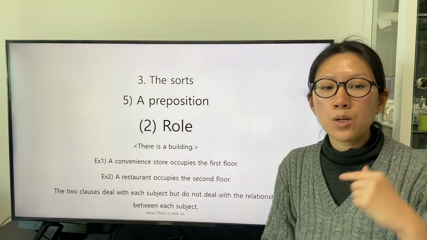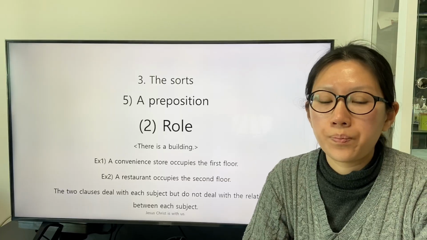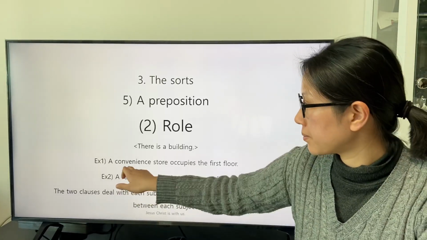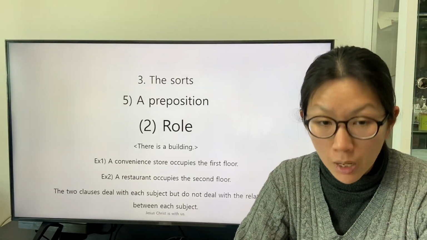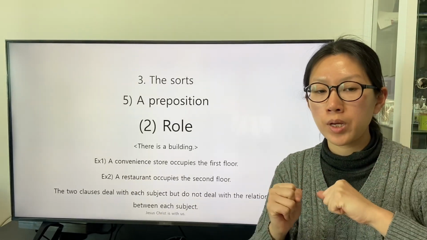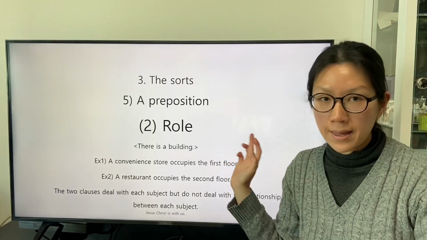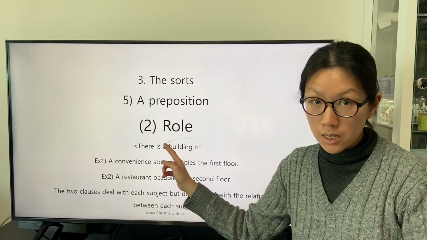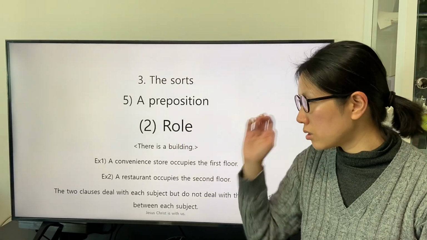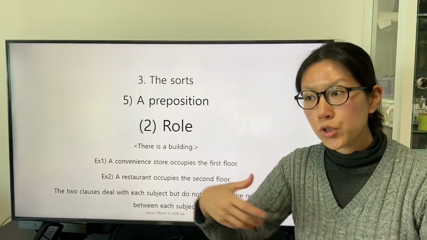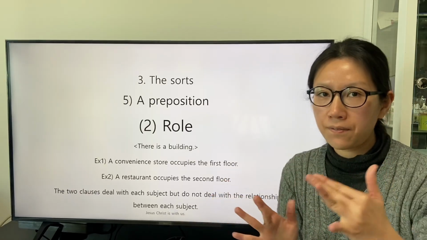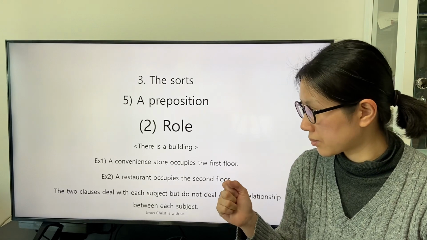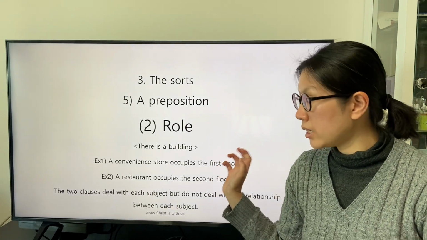The two clauses deal with each subject, but do not deal with the relationship between each subject. We understand that the two subjects are in the same building, but the two clauses do not reveal the relative locational relationship in a clause.